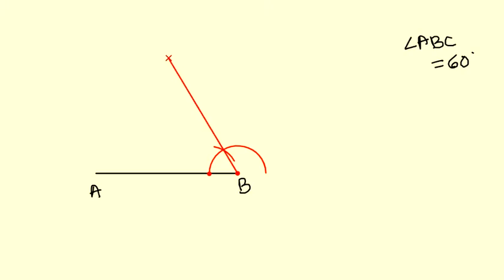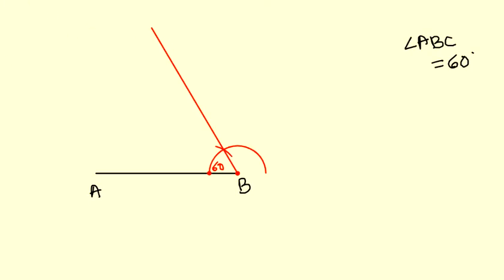Now in the question further it is given, draw the bisector of angle ABC. Bisector means what? Angle bisector. That means this total is 60 degree, so after the angle bisector, we will get 30 and 30. Clear? So like this we have to solve.